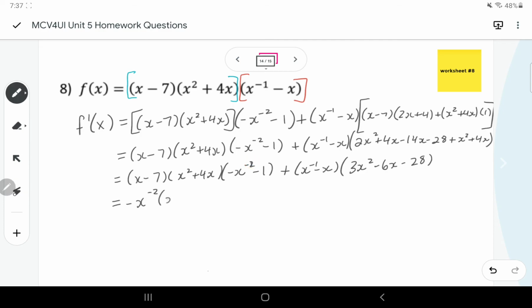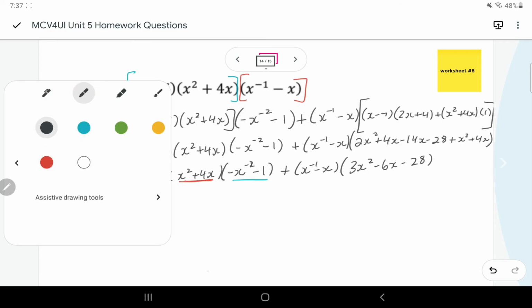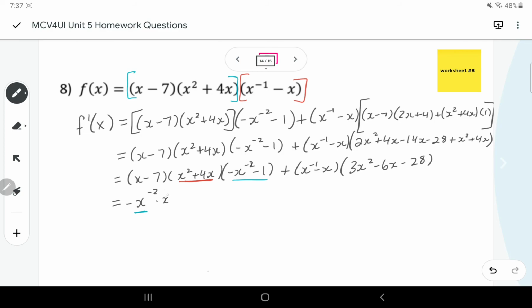So these ones are just going to stay the same. Oh, actually, I see a common factor in there. Should have noticed that one too. So this guy is that negative x to the negative 2 is getting factored out of there, and I'll also factor out a common factor of x from there, just color coding there.